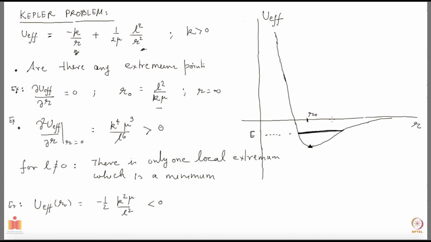This one we have already talked about, parabola, if you are here. And now we have also found that if my energy is more than 0, let's say the value is somewhere here, or any value above 0, then the particle will come towards the center.